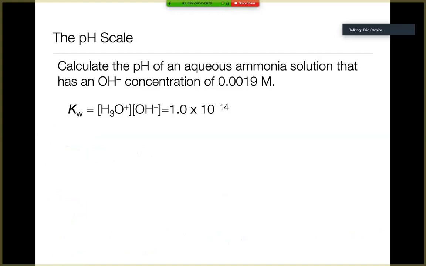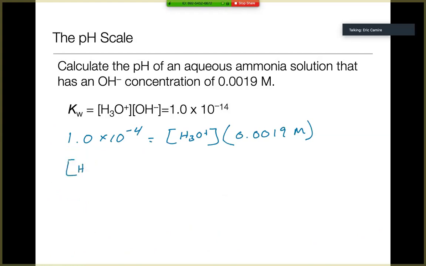So I'll do it slowly on the screen. If I plug in my numbers, 1.0 times 10 to the negative 14th equals my unknown, the hydronium concentration, multiplied by 0.0019 molar. Again, this is where I think units get a little wonky, because it's not going to be per molar now for hydronium. Let's just know what those brackets mean: they mean molarity.